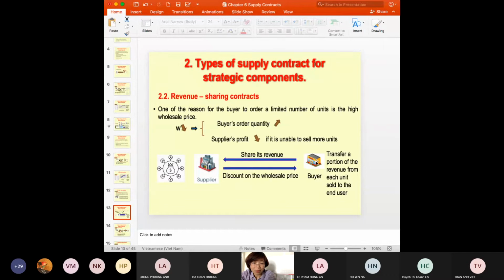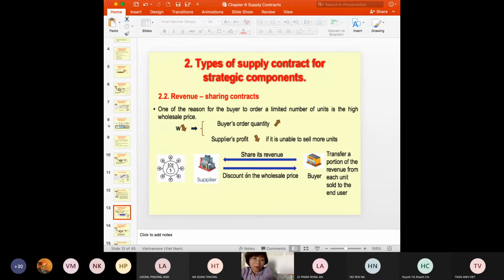So the buyer also wants to buy the product from the supplier at a lower price, and they want more products. But if they order more product, they are limited by finance, and they must keep it in inventory, so they must pay the holding cost if they cannot sell.